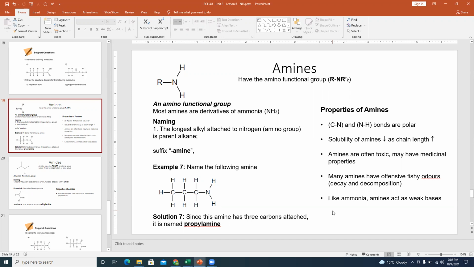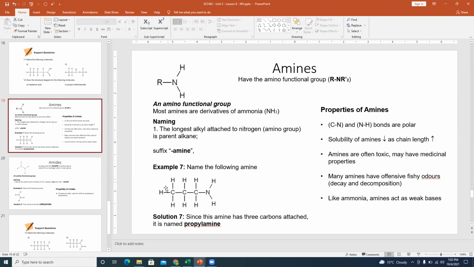And some of the properties of amines are the carbon nitrogen bond here, and also the NH bonds. These are polar because of the presence of the nitrogen group. And the solubility of these types of molecules goes down as the chain length increases. As you can imagine, this part of the molecule is not very soluble, right?